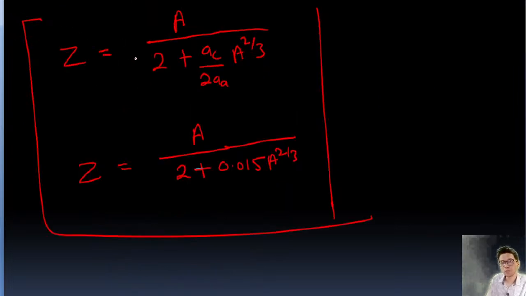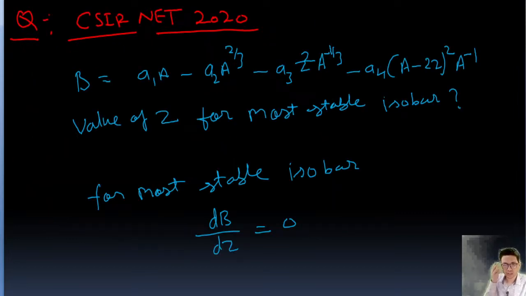So Z equal to A upon 2 plus AC upon 2AA into A to the power 2 by 3, or Z equal to A upon 2 plus 1.015 A to the power 2 by 3. This is by calculating the constants. Now by this formula I can easily solve this question. For most stable isobar you need to find the value of Z, right?